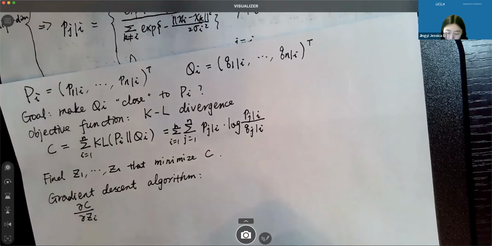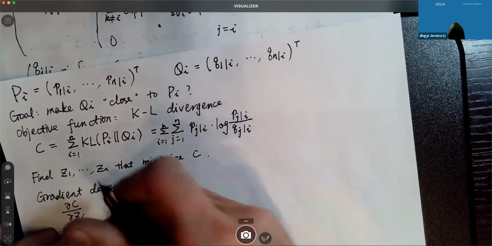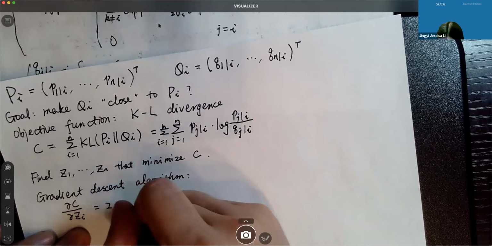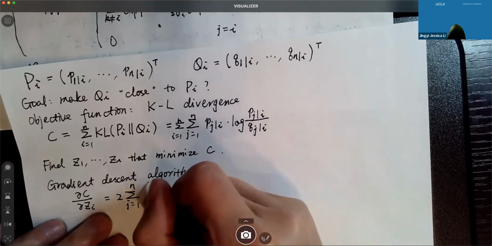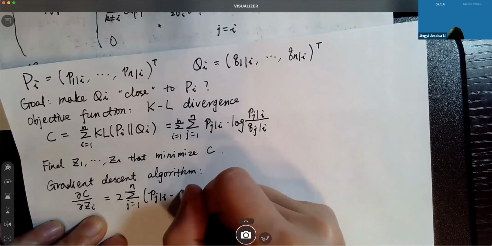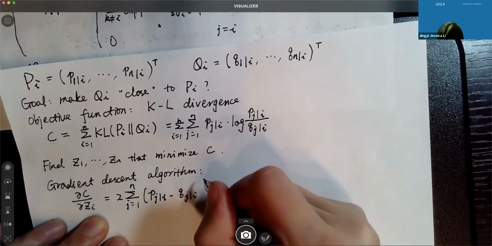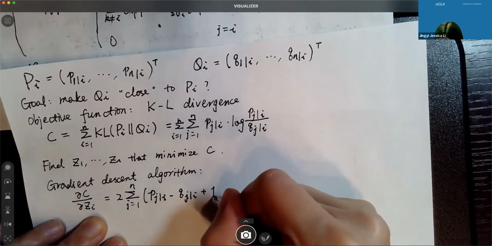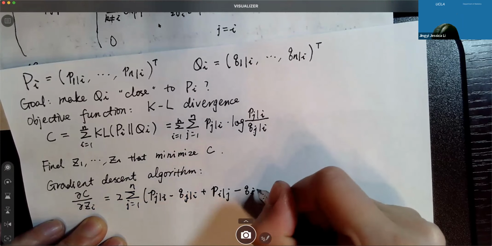So the end result in the paper has this nice form, equal to 2 times the sum over j from 1 to n of (pj given i minus qj given i, plus pi given j minus qi given j), times zi minus zj.